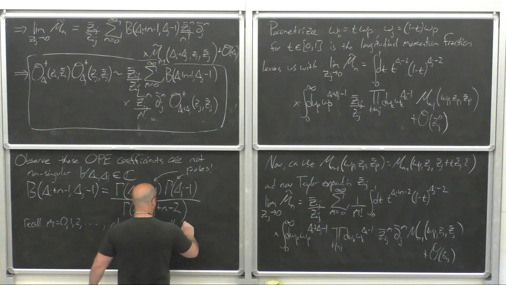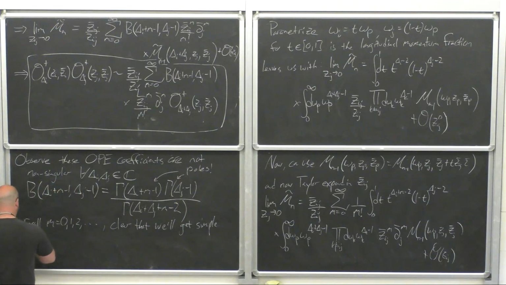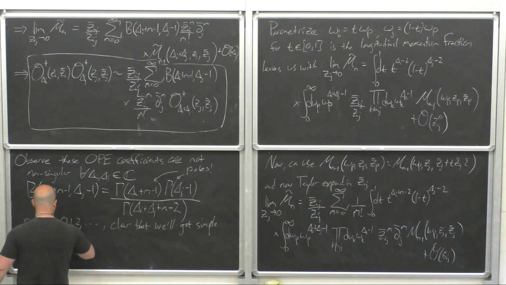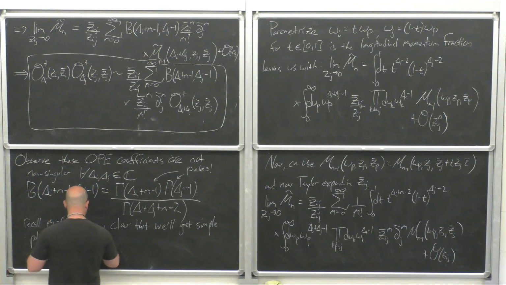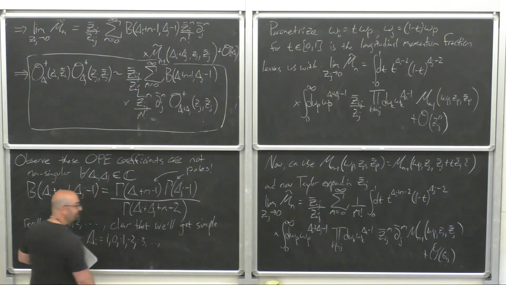So it's clear that we'll get simple poles for some value of m whenever, say, delta_i is equal to 1, 0, -1, -2, -3, all the way down the negative integers.